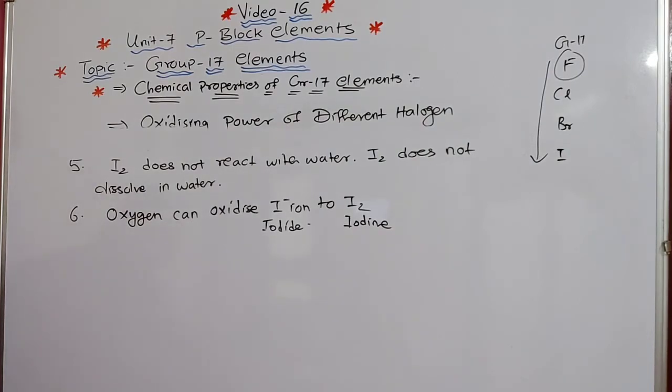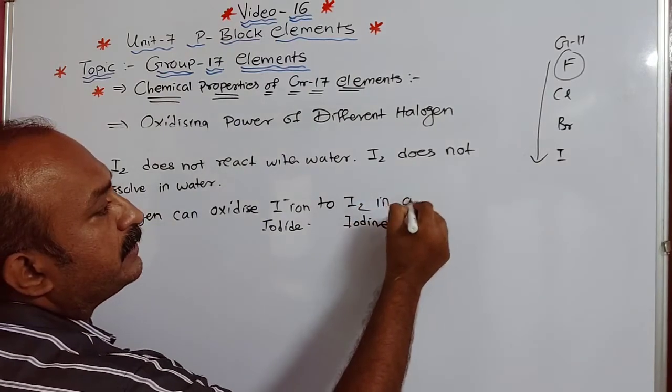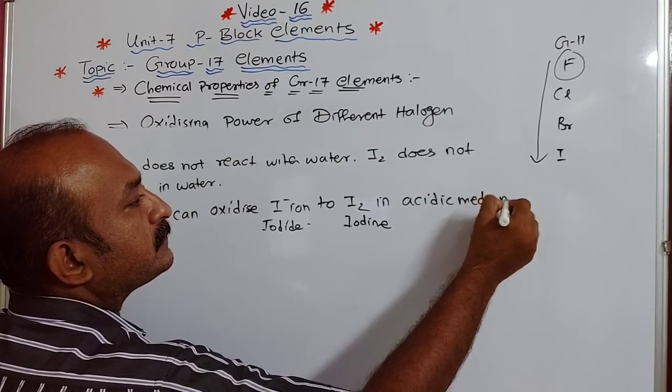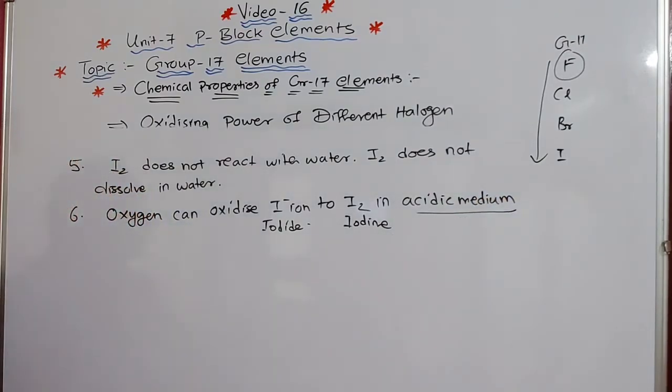Oxygen can oxidize iodide ion to iodine, and the medium is very important. In which medium? Acidic medium. Now this can be asked in your MCQ also: oxygen can oxidize iodide to iodine in which medium? It is acidic medium.